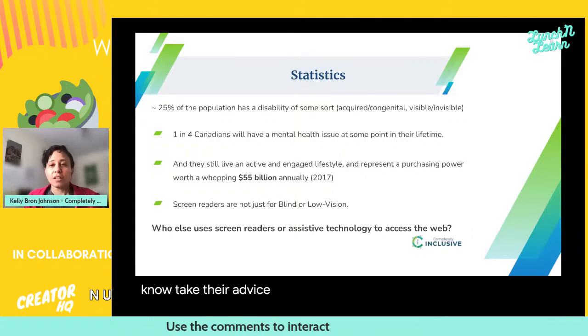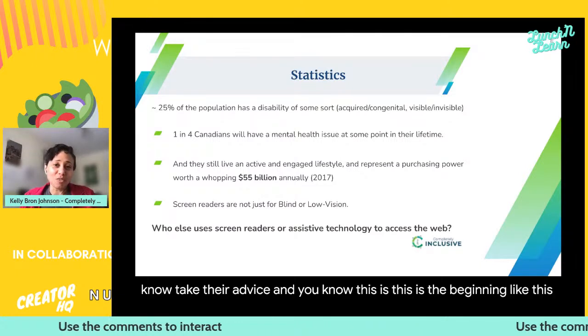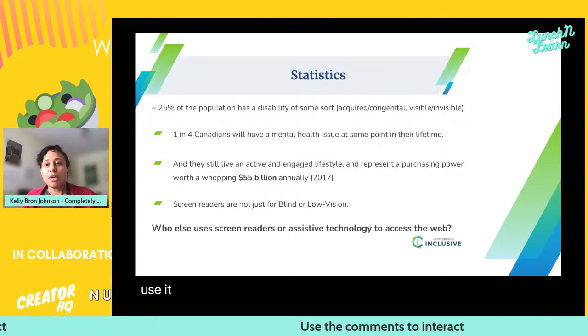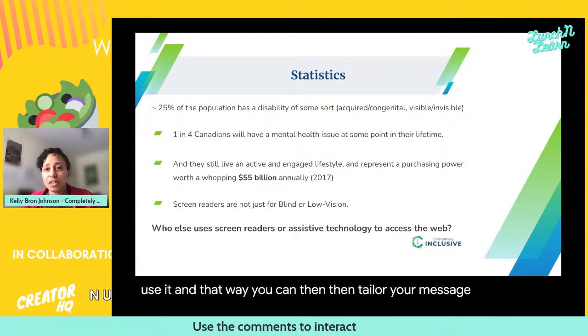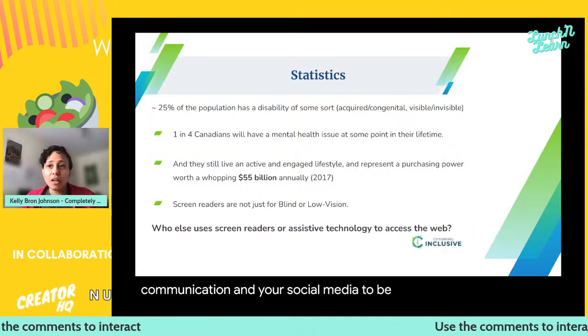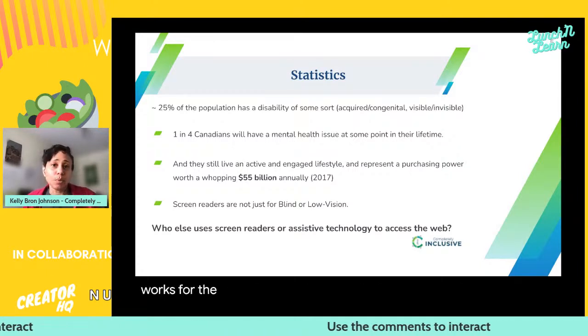Take their advice. This workshop is the beginning, to give you some insight into how people actually use it, and that way you can then tailor your message and your communication and your social media to be accessible in a way that works for the people who actually use it.